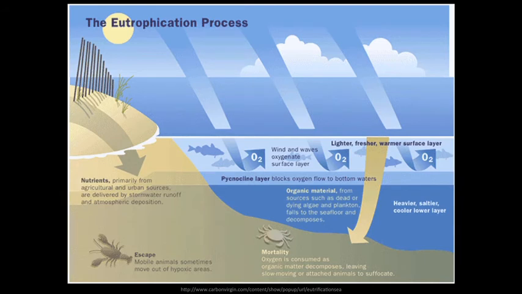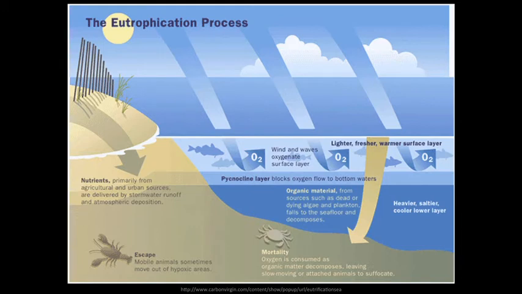Now, when the nutrients run off into the water, the algae start to bloom because the algae feed off of phosphorus and nitrogen. However, as the algae bloom to a large extent, they start dying. And as they die, their carcasses float to the bottom of the riverbeds or oceans, and the pelagic species or bottom feeders start to feed off of these carcasses.